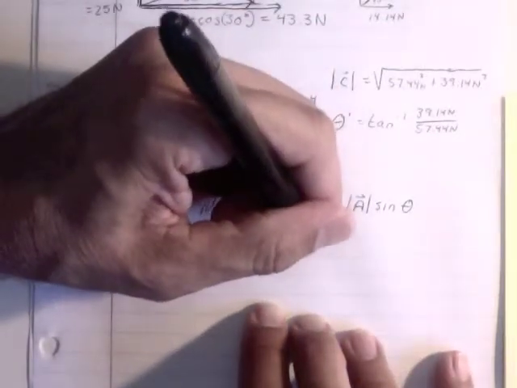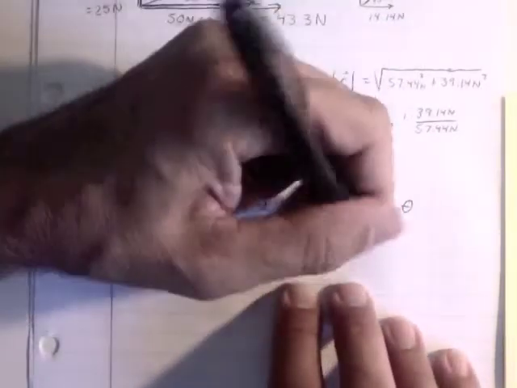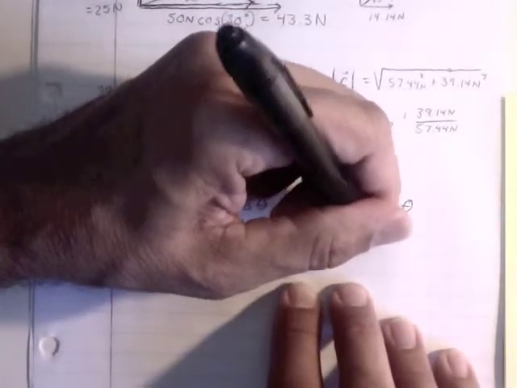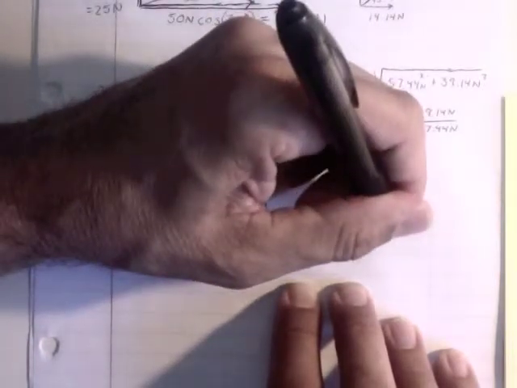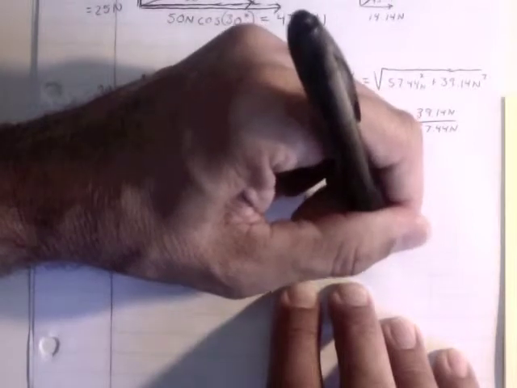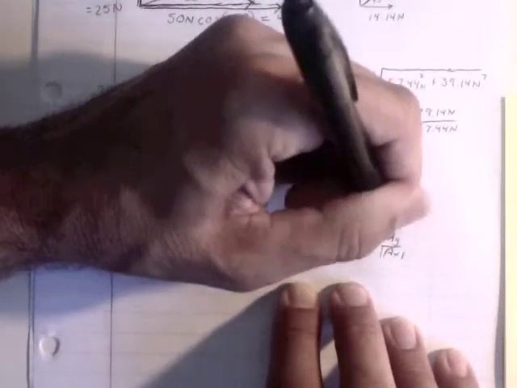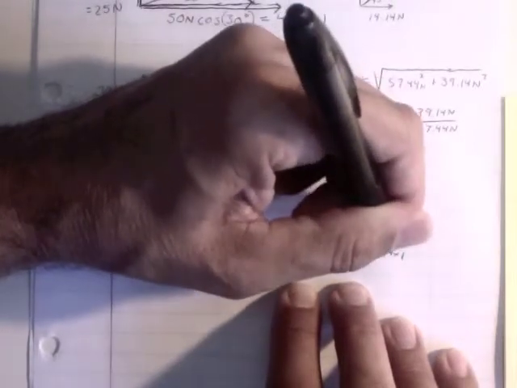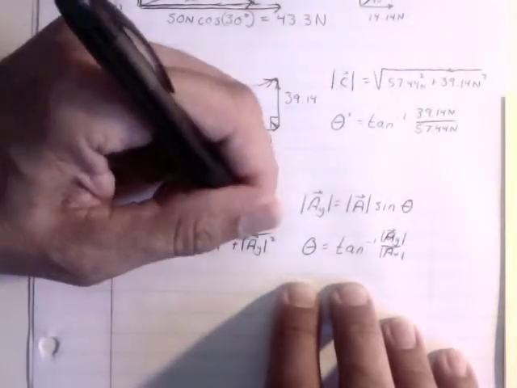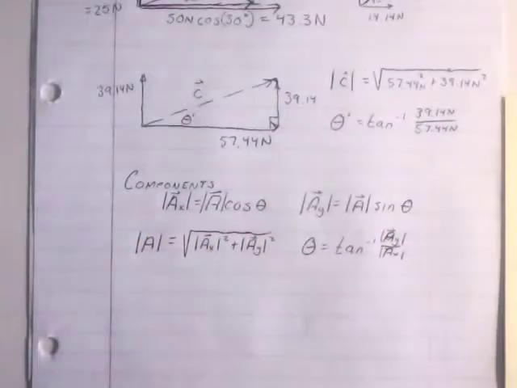And the angle theta is going to be the inverse tangent of A sub y over A sub x. Those are magnitudes.